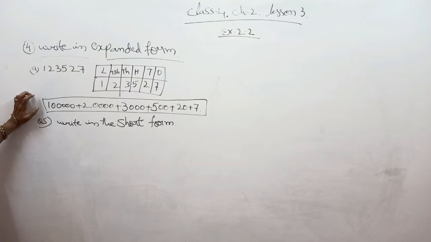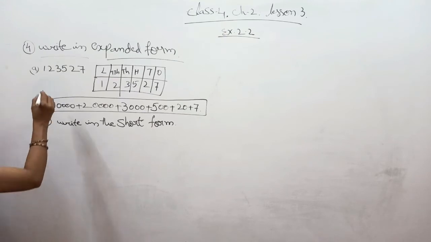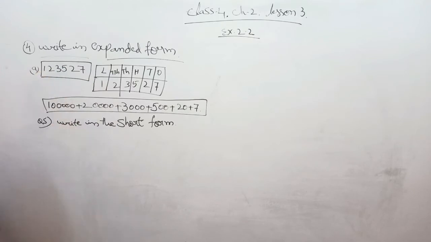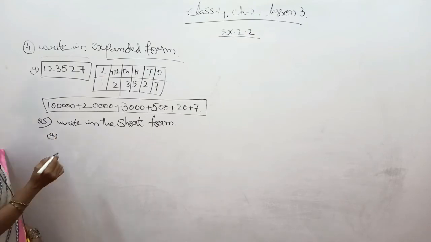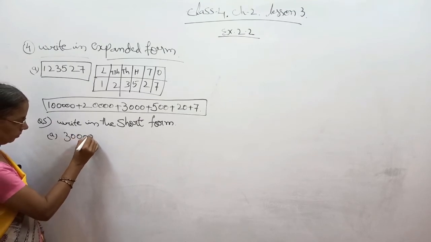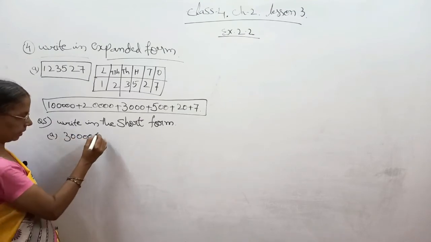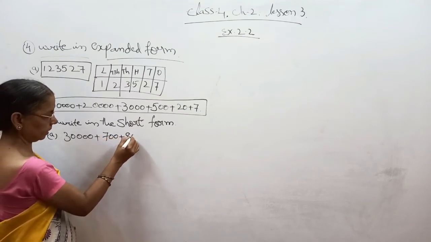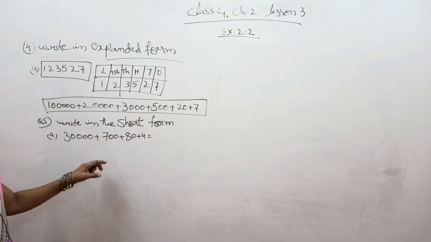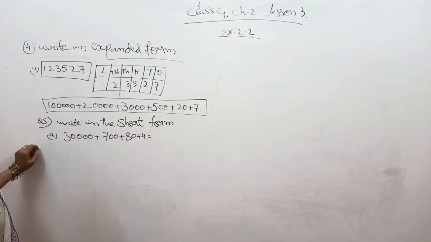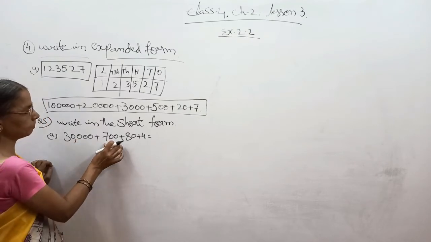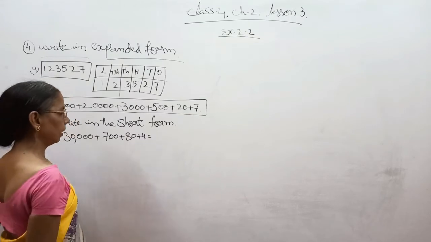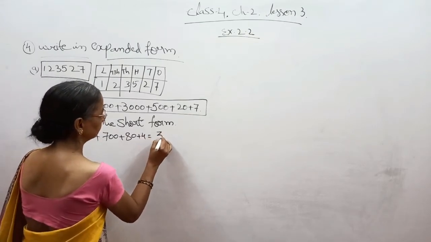The question will come in this way and we have to write it in numerals. The first question is 30,000 plus 700 plus 80 plus 4. In this question we can see that 30,000 is in the thousands place, then the hundreds place, the tens place, and the ones place.